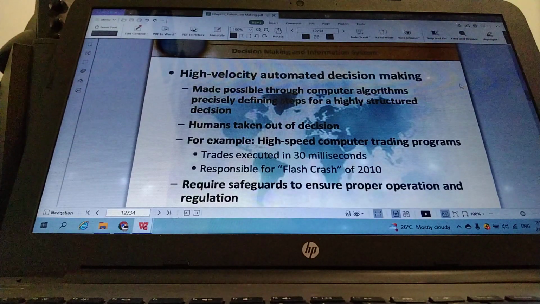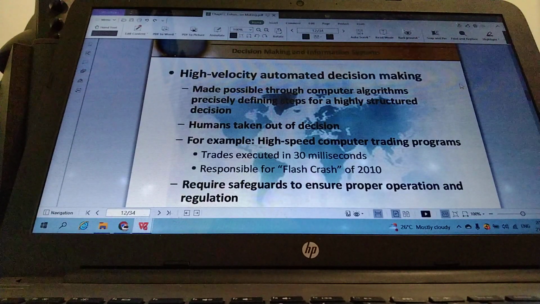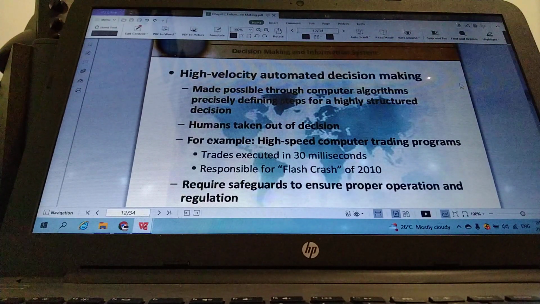So this is what is known as high velocity automated decision making process, where almost no human being, either senior managers or middle managers, are involved. It will be completely controlled by the system. Humans are taken out of decision. In other words, no humans are involved.